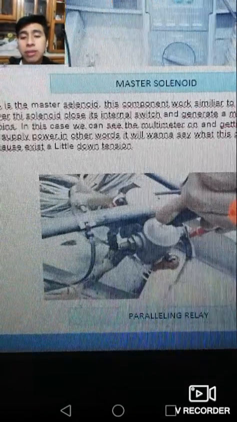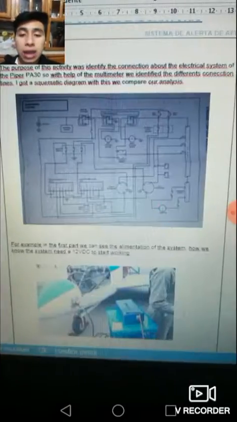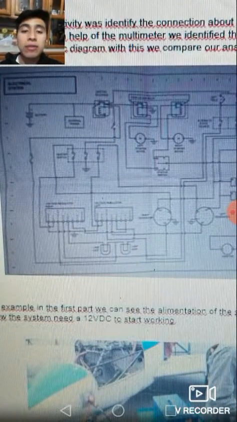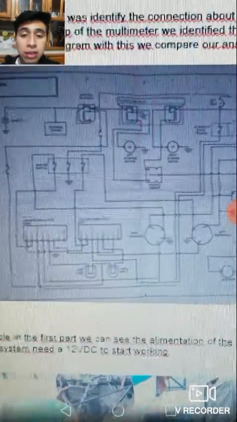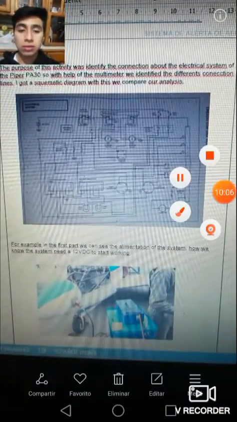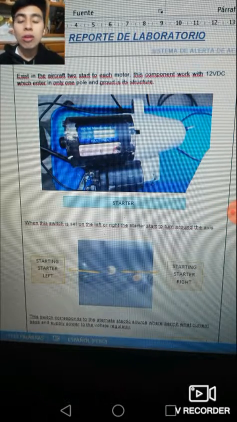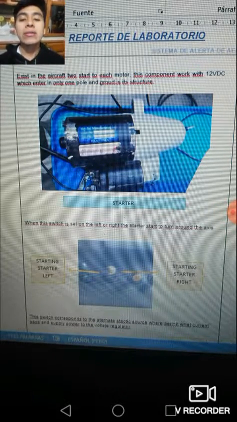For example, I can see the one line, and below this line there is another line when you continue along the line of the electrical system. I can see it go to the starter. This is the starter. The starter is a main component when I work the aircraft.